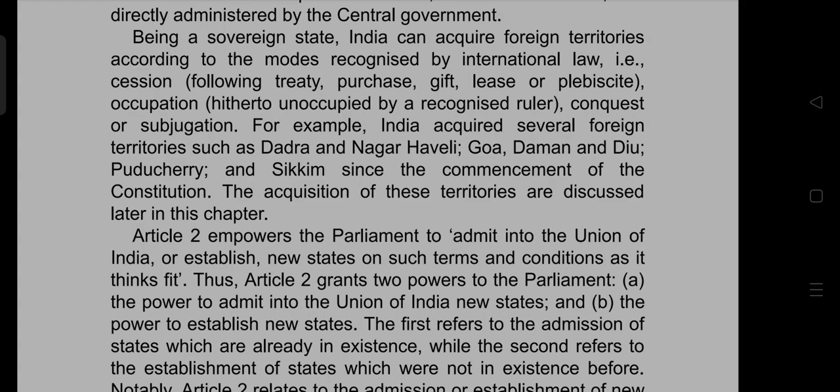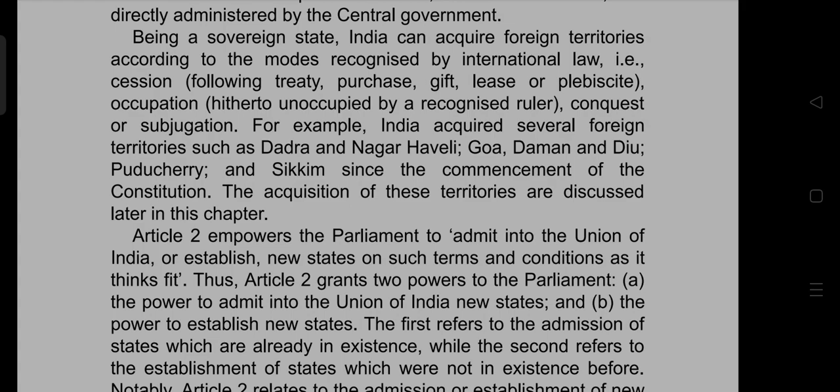For example, India acquired several foreign territories such as Dadra and Nagar Haveli, Goa, Daman and Diu, Puducherry, and Sikkim since the commencement of the Constitution. The acquisition of these territories is discussed later in this chapter.